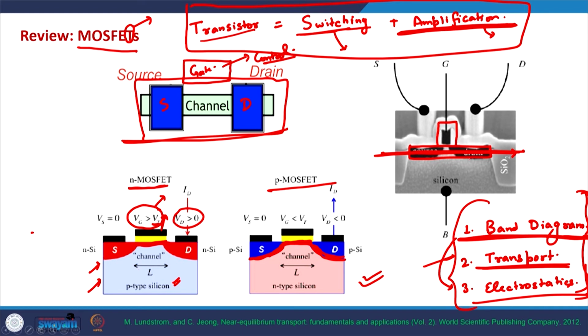Since MOSFET is a 3-dimensional device, we can see the band diagrams in different dimensions, in different orientations, and that will give us different information. But the most important direction of operation of MOSFET is this one, from the source to the drain, because this is the direction in which the current flows. Okay.